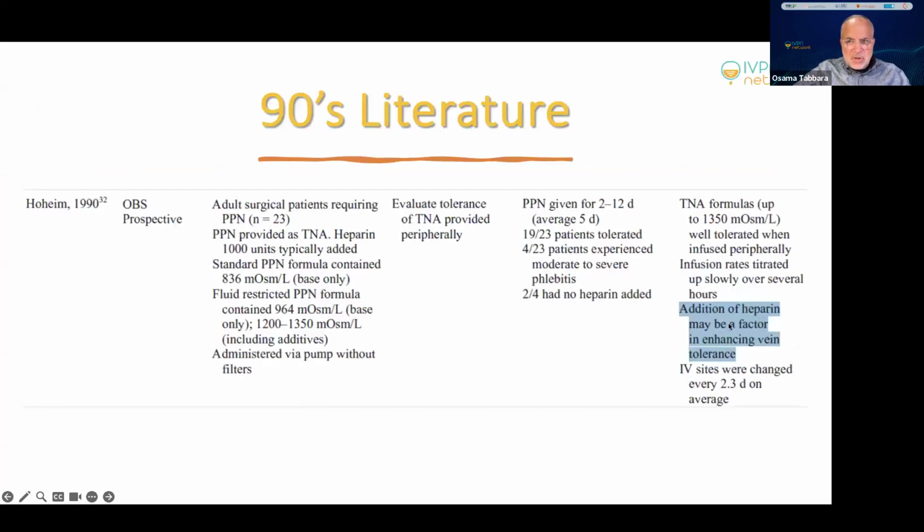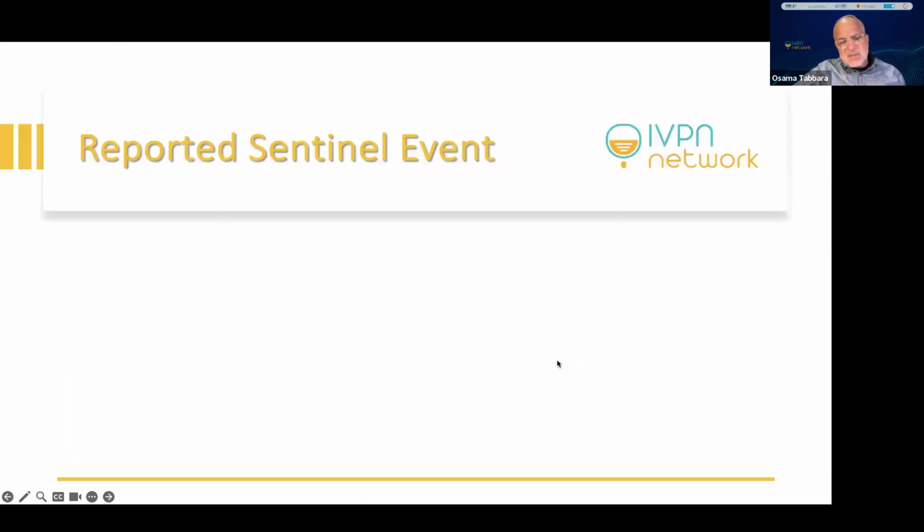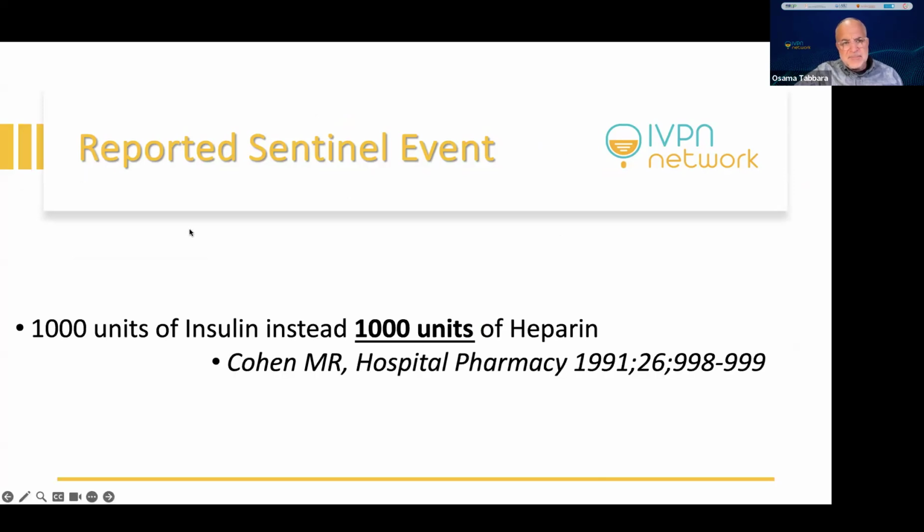This is another study on whether the addition of heparin enhances venous tolerance, and in this study there is no improvement when heparin is added. So it's not a must to add heparin, but I really recommend it for patients, adding 1 unit per ml. Hydrocortisone is only added for patients with severe risk of phlebitis.